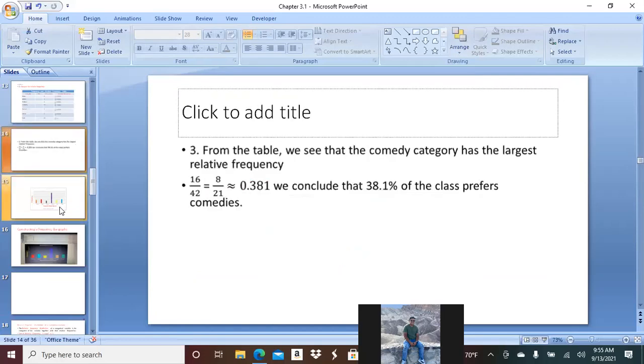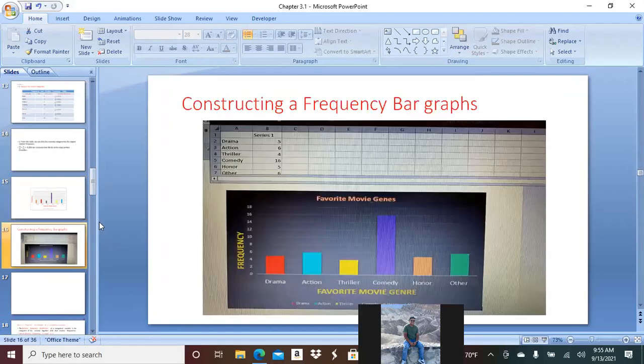This is how you construct the table. You have to know how to construct this, because when you study statistics, you have to know it, right? Go to the document, you can construct the frequency bar graph. You have to know how to do this one. Everyone knows how to do it.